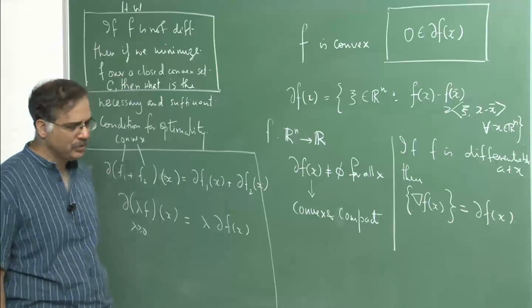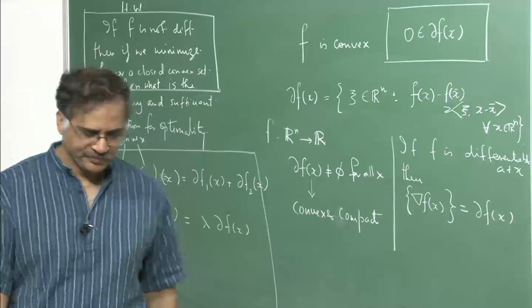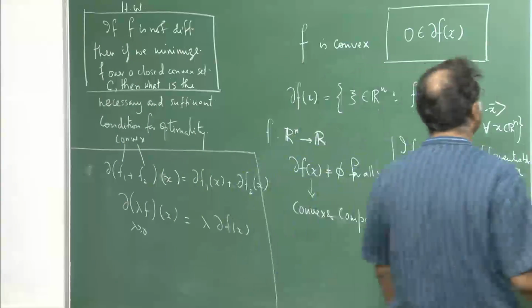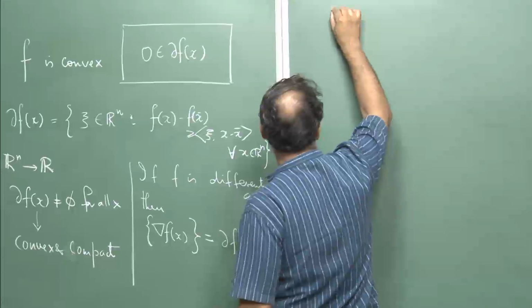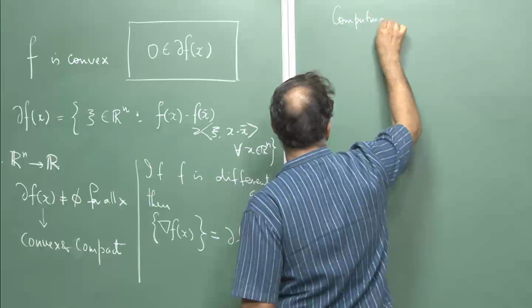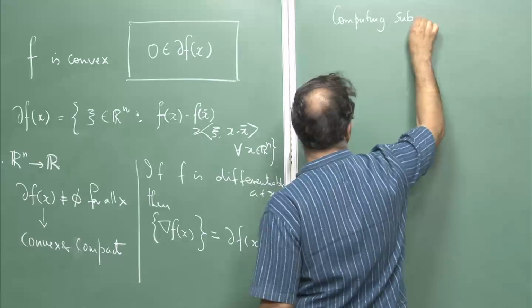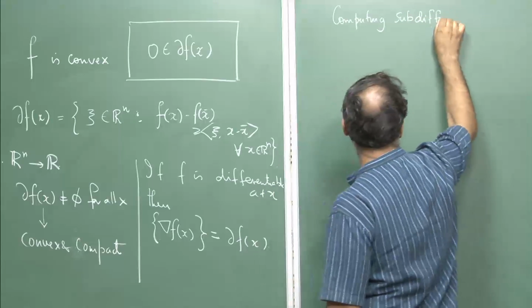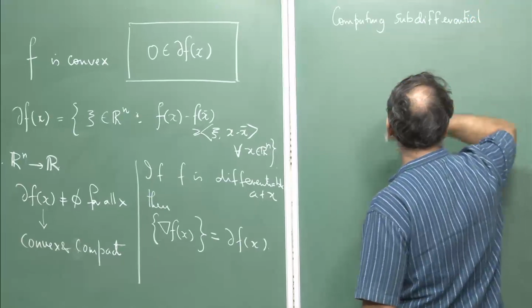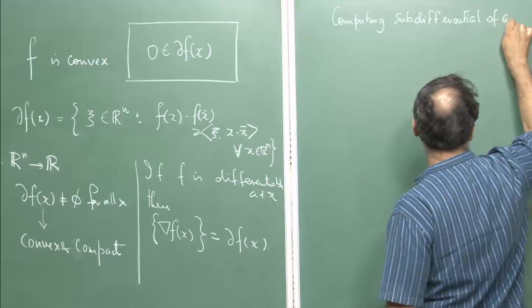So, I will not talk about it, but there is this rule about the max function which may be of interest. I just give you the formula rather than a more detailed description. For that, you really have to go to the convex optimization course.